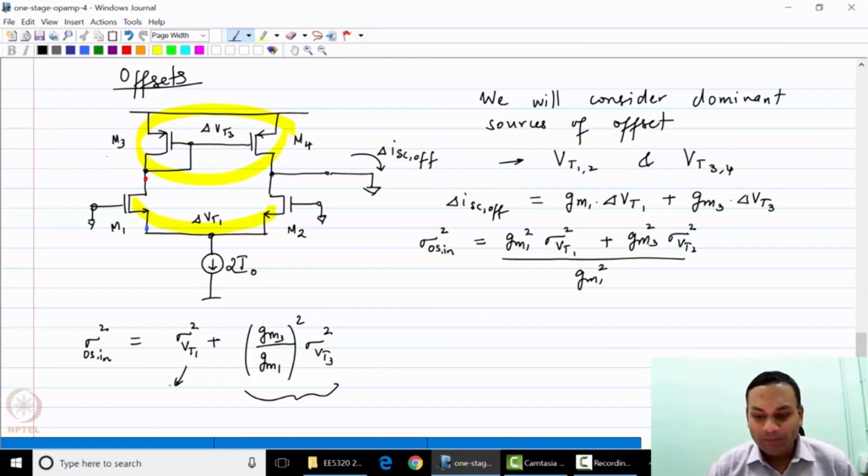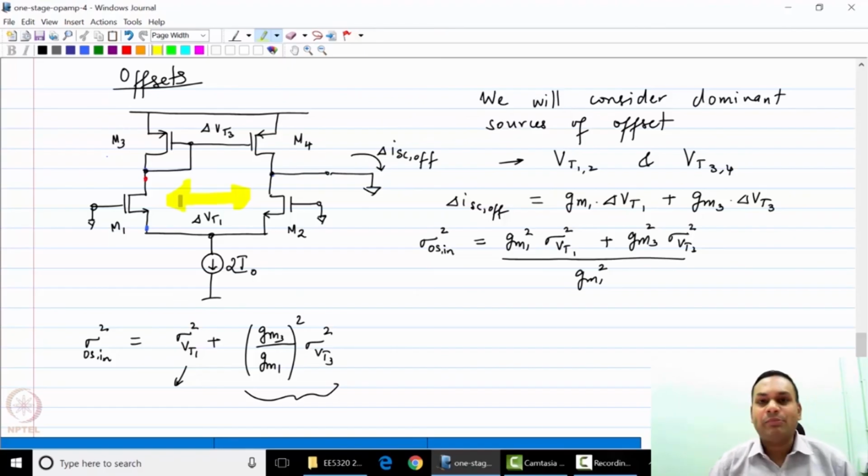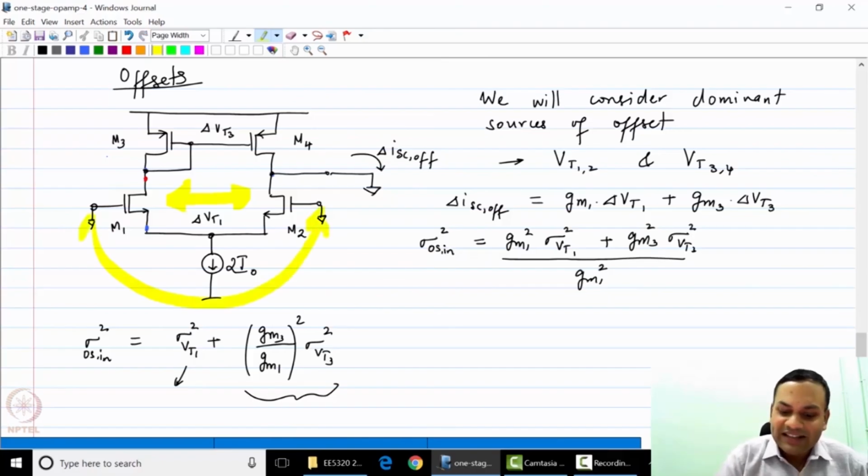That is very important to note. The offset of the input pair M1 and M2 appears directly at the input as an input referred offset. There is not much you can do about it except to reduce sigma squared Vt1 squared itself.